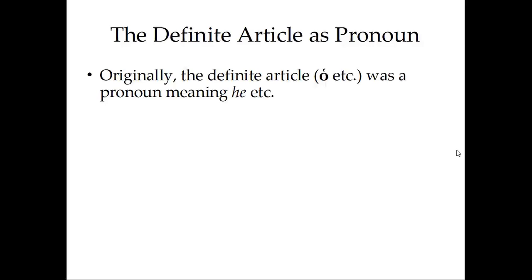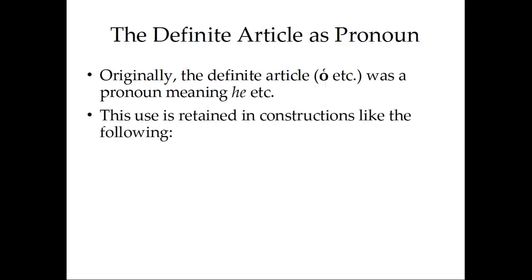We also see the later uses in Homer as well, so it's even prior to Homer. This use is retained, however, even in Attic Greek, in constructions like the following. Ho men, ho de. We're not going to see anything apart from men and de together with these forms of the definite article. They're going to stand in for pronouns.